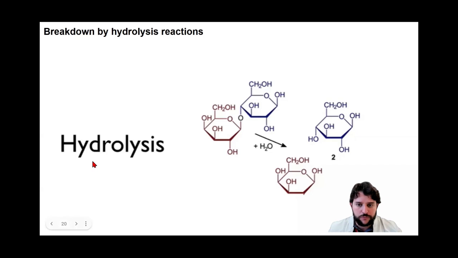So you use a molecule of water, and you hydrolyze, you break down this molecule. You insert one molecule of water as you give one hydroxyl and one hydrogen atom here. Once you have this hydrolysis, you separate a disaccharide into two monosaccharides being released in the reaction.